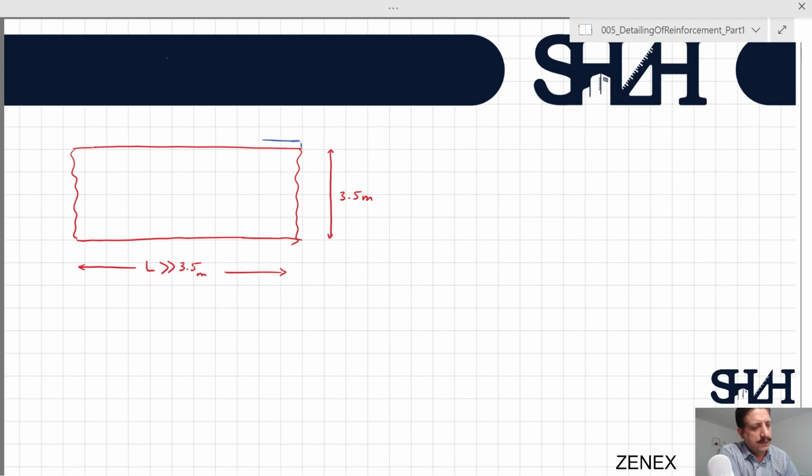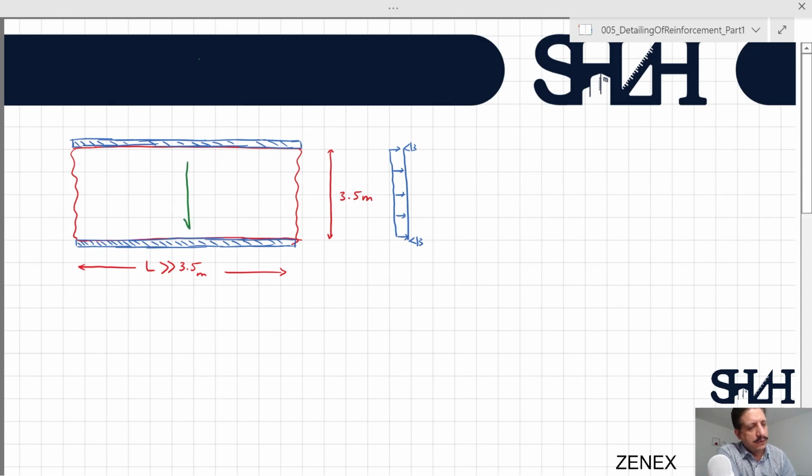Perhaps we have the beams or supports on both sides of this slab, one here and the other one on the other side. And usually we assume that if the slab is not continuous over several beams, we can assume that the support is a simple support. In this case, the direction of the load transfer is in the width direction.